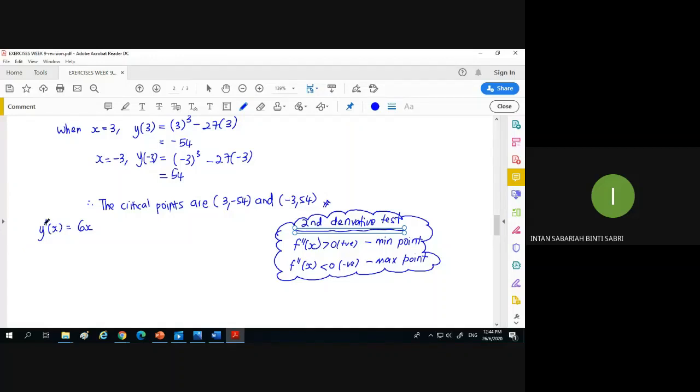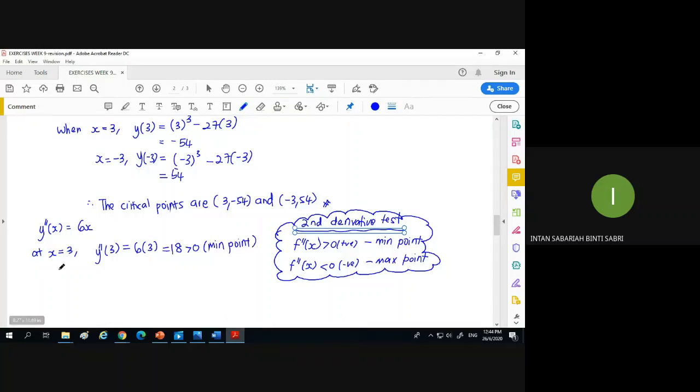Okay, so masukkan critical value dalam second derivative at x is equal to 3. So y double prime 3 equal to 6 times 3, so equal to 18. So greater than 0. So greater than 0 opposite dia minimum. Okay, so dia adalah minimum point.